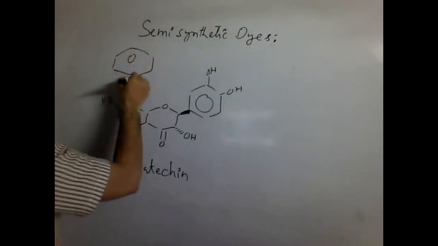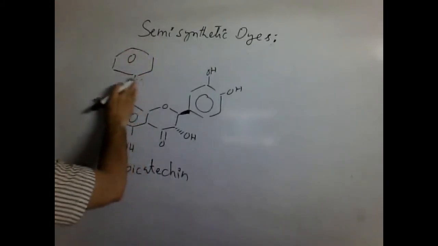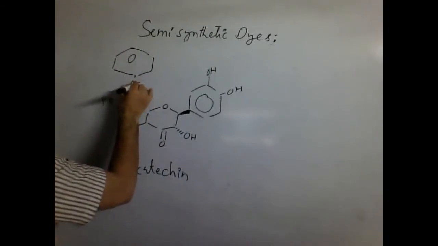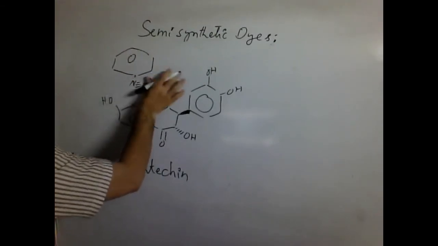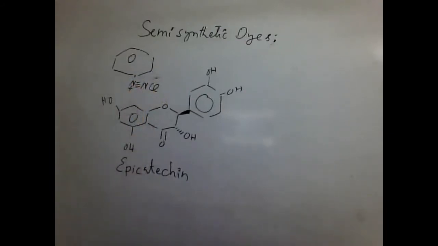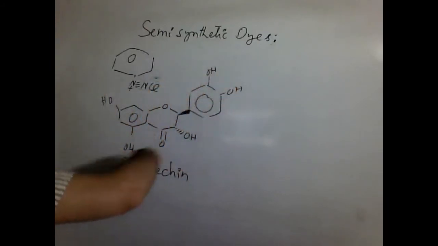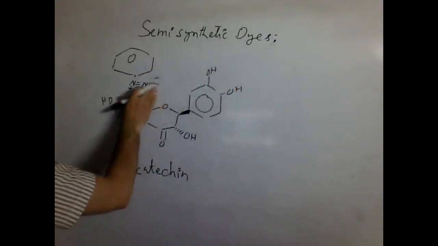So what they did again, they took aniline, performed diazotization to get diazonium salt, as we have already discussed, and then they used this apicacetan as a coupler. So what would happen?